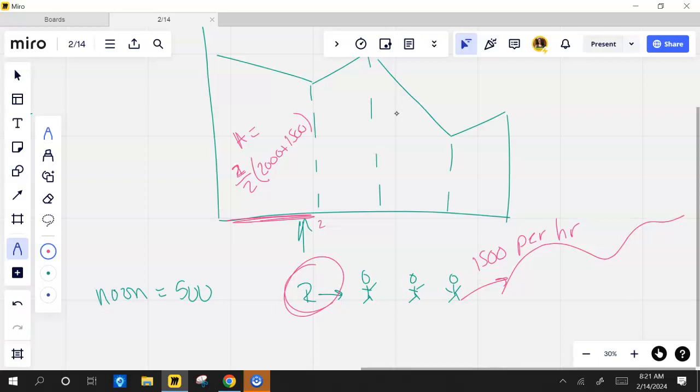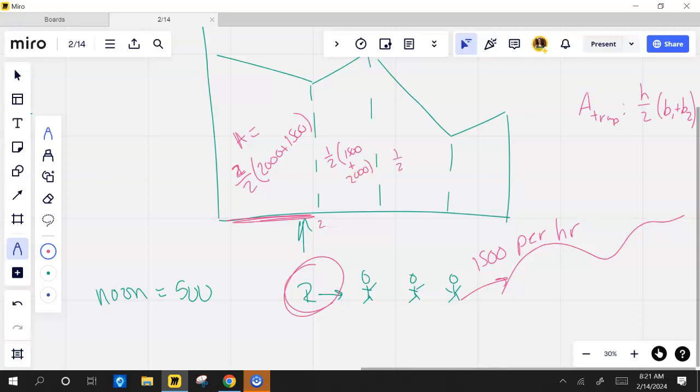All right, so area of a trapezoid, height over 2. Make sure you change it to 2, because that's going for 2 hours. All the others go for 1 hour. So this one's 1 over 2 times 1,500 plus 2,000.